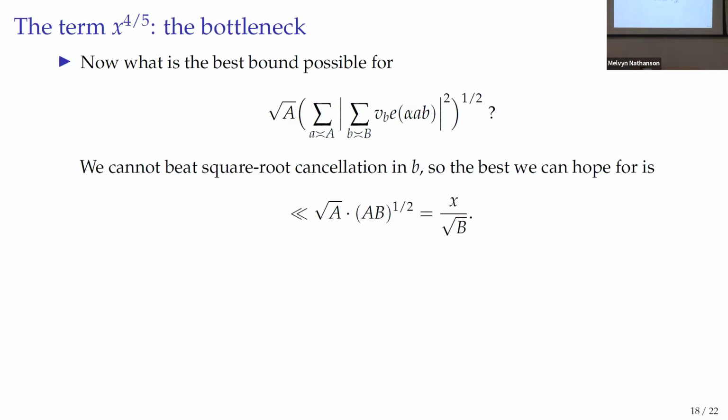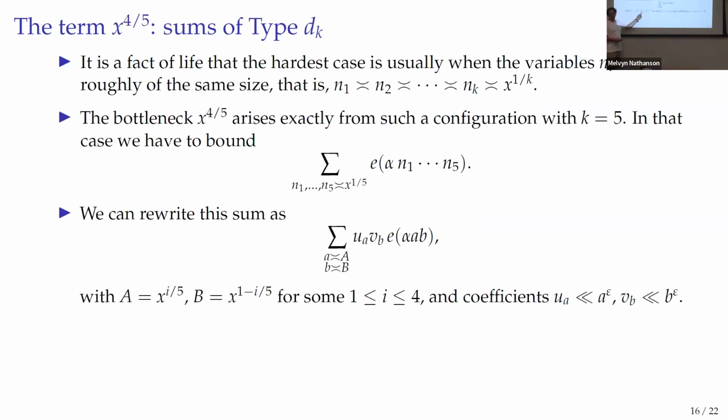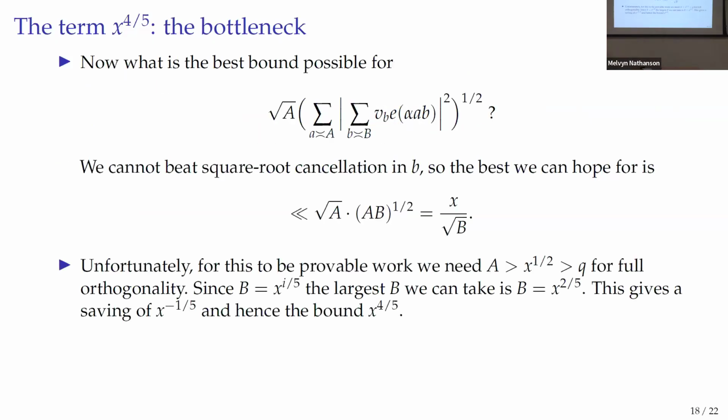And your choice of B is quite limited. B has to be of this shape, right? And then when can I prove this bound? Well, to prove this bound, I need this family, the size of A, to be bigger than Q. And Q can be of size x^(1/2). So this means that A needs to be bigger than x^(1/2).